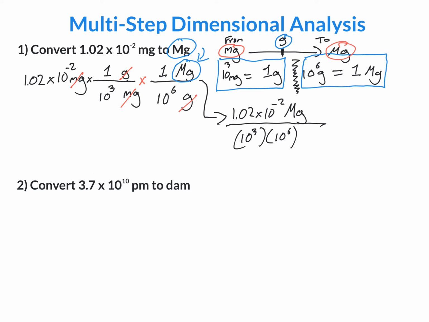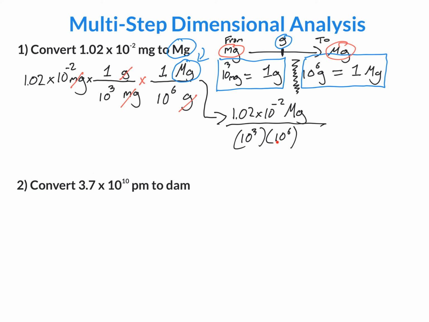Now remember, if we use scientific notation math, this process becomes fairly easy. So if we do order of operations, we can make this even easier on ourselves. So let's start by simplifying the denominator. We're doing multiplication math with scientific notation.